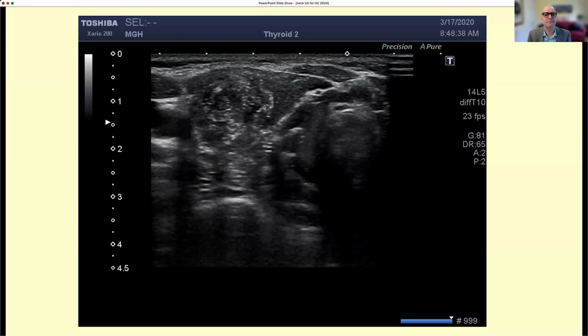Any takers on this one? Well, this is very hard. This is someone with thyroid autoimmune disease.